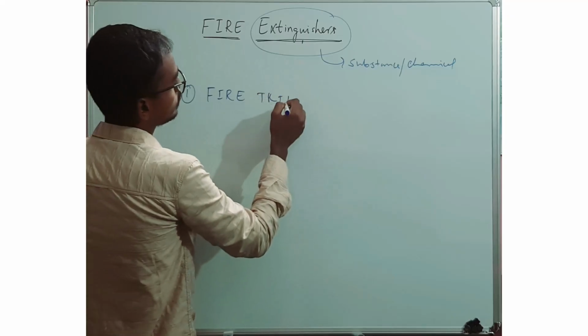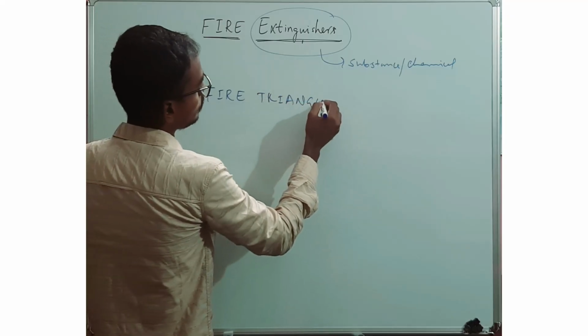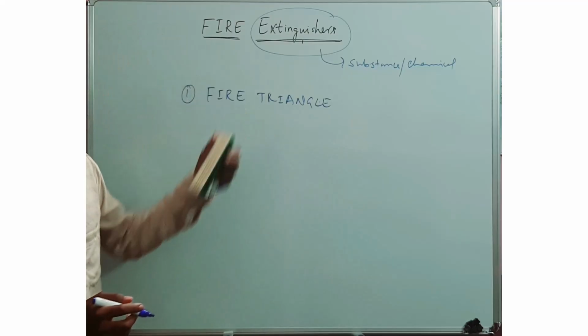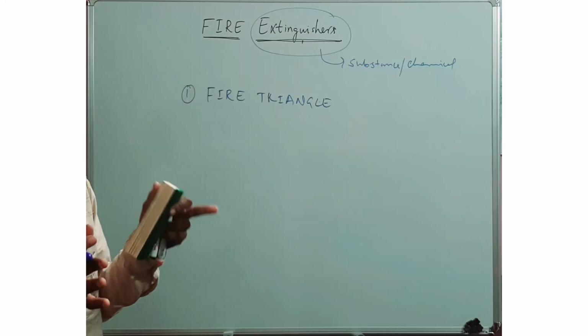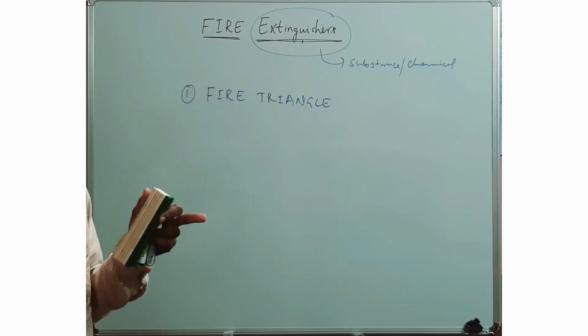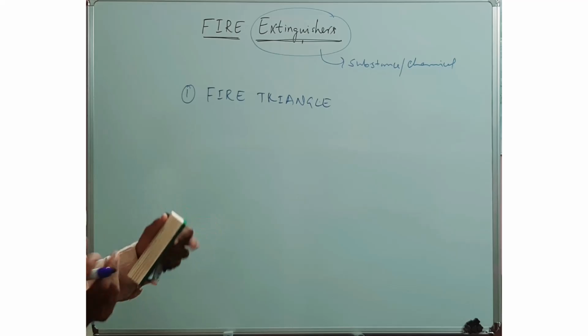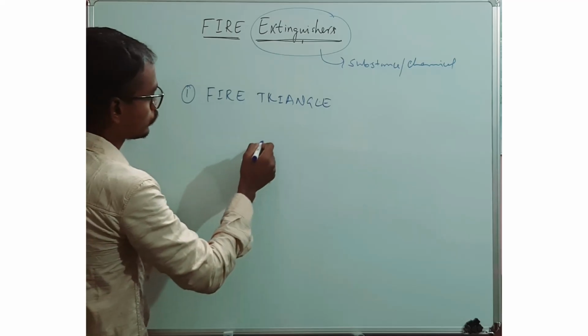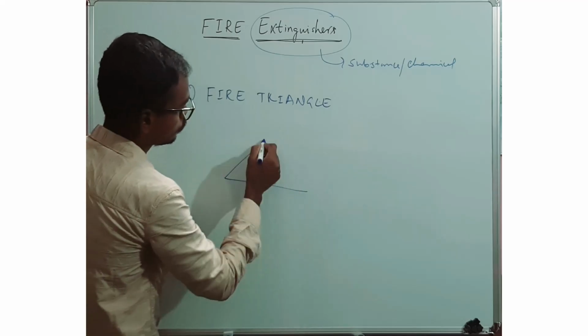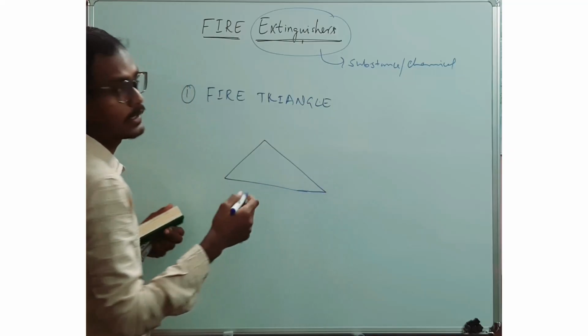The fire triangle tells us there are three things that are essential to have a fire. I will tell you what those three components are.